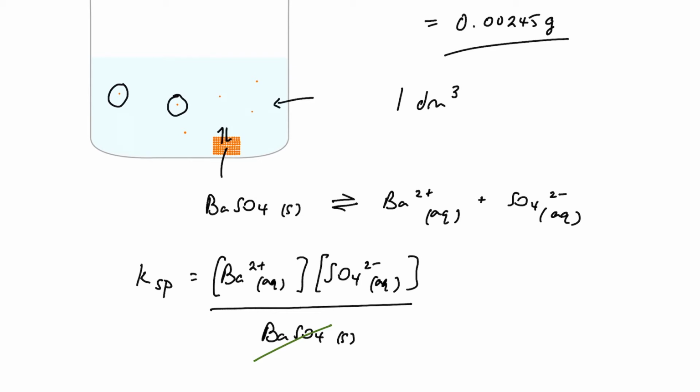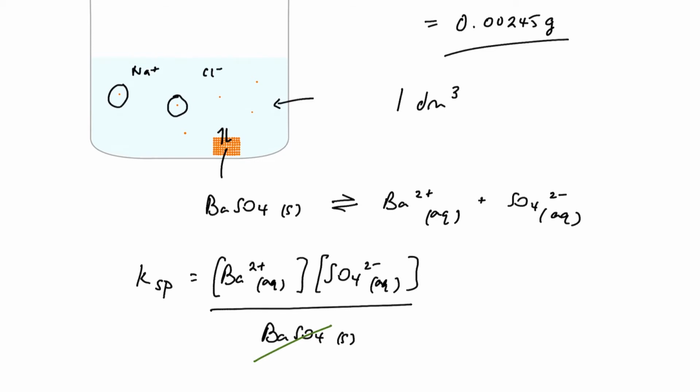This isn't actually the case for more soluble salts, sodium chloride, for example. If I've got sodium ions and chloride ions in solution, because sodium chloride is really very soluble, I have a large number of ions and they interact with each other. So their effective concentration is not the same as their actual concentration.